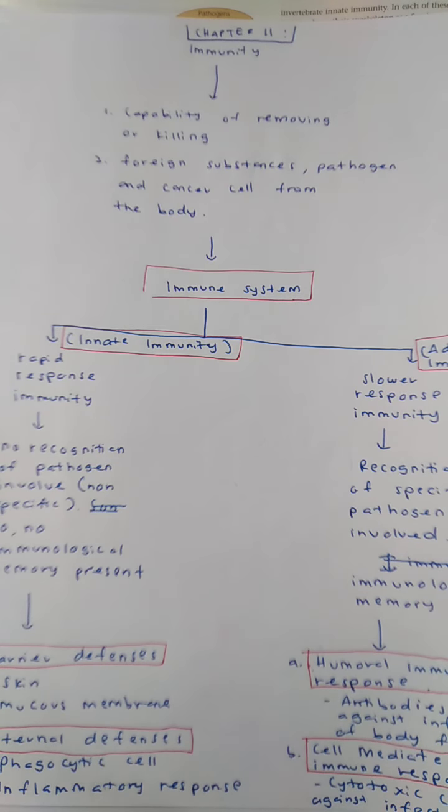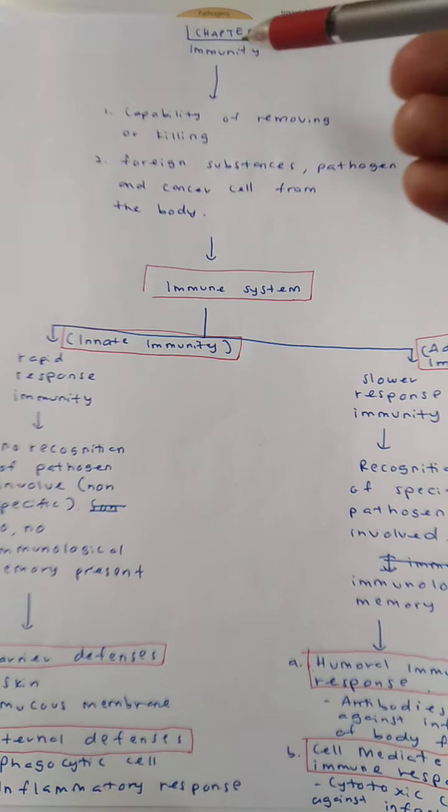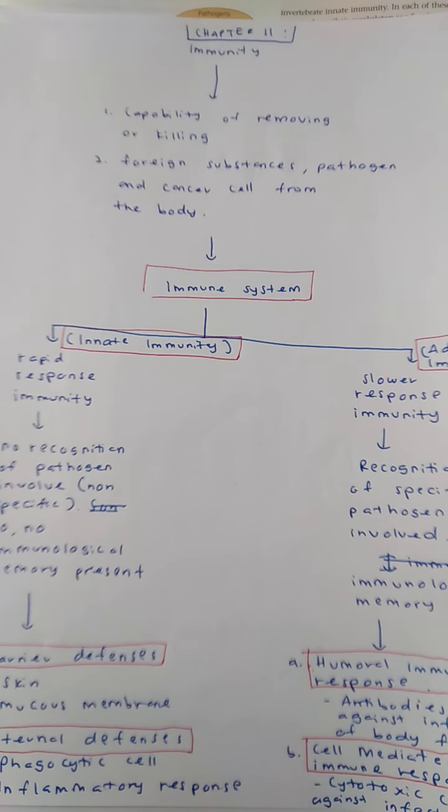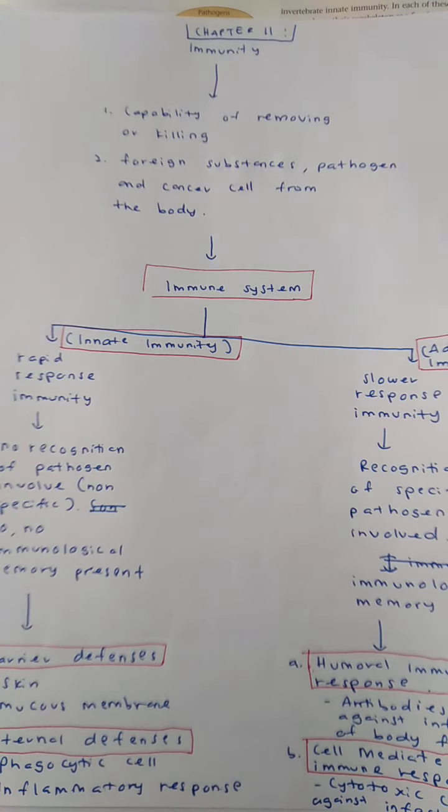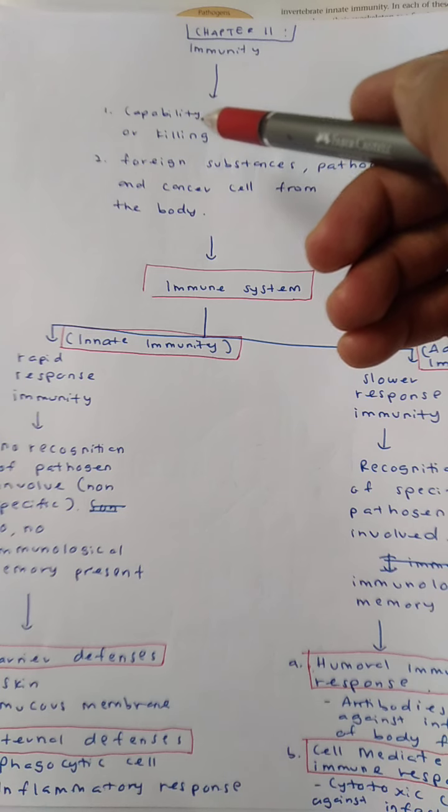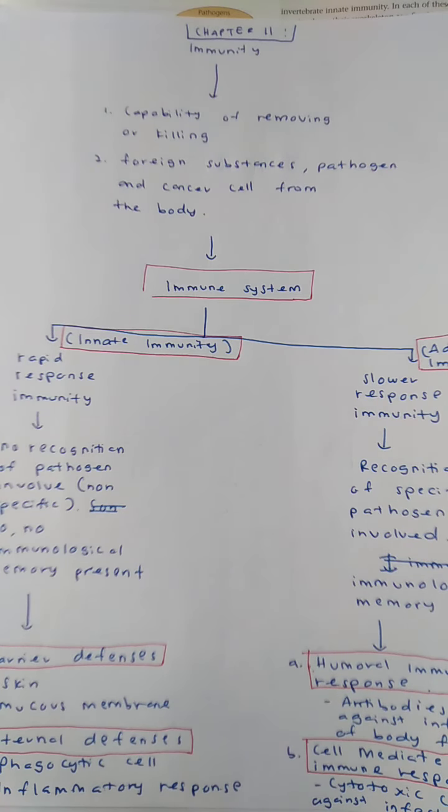Baik pelajar, when we discuss immunity, the word immunity is about the capability, keupayaan, capability of removing or killing. So, keupayaan untuk remove ataupun memusnahkan. It's about the capability of removing or killing of what?